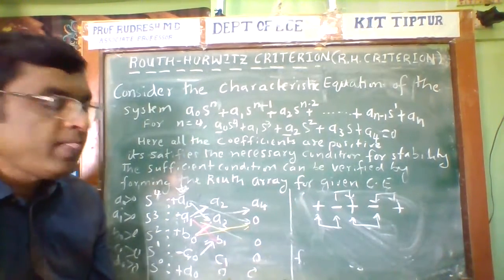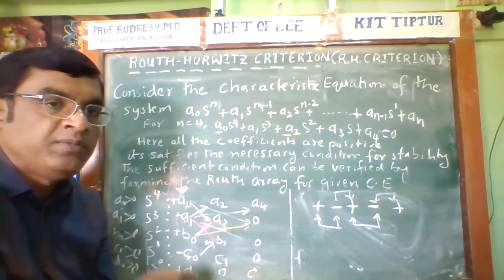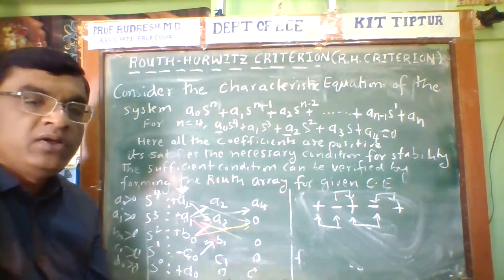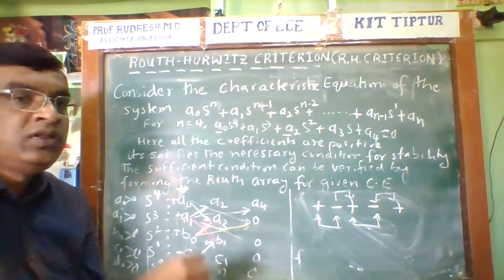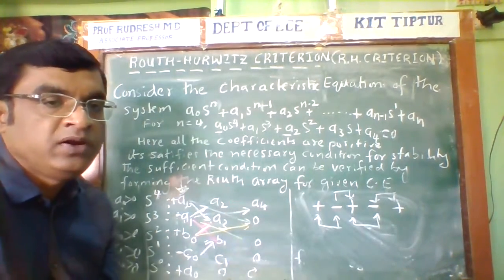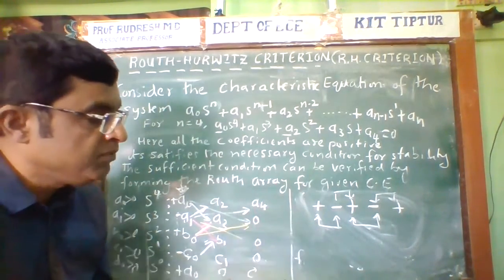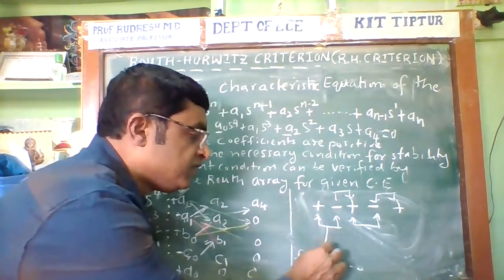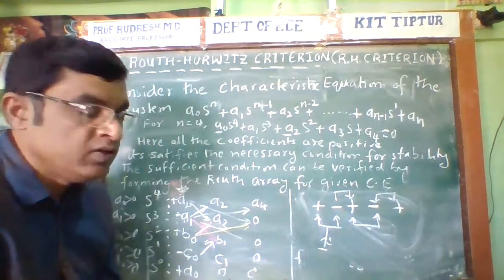So if any element is negative, then we need to find out the sign changes, because the number of roots on the right half of the S-plane depends upon the number of sign changes. Here this is the first change, this is the second change, this is the third change, this is the fourth change.